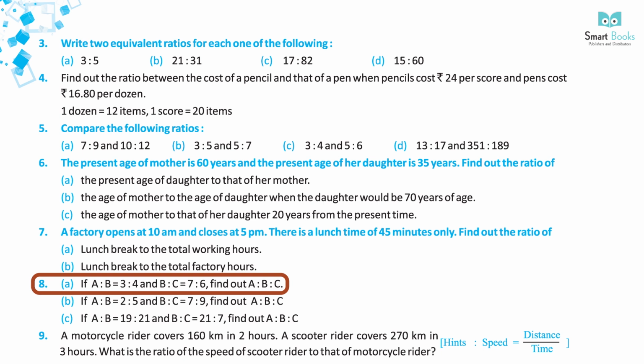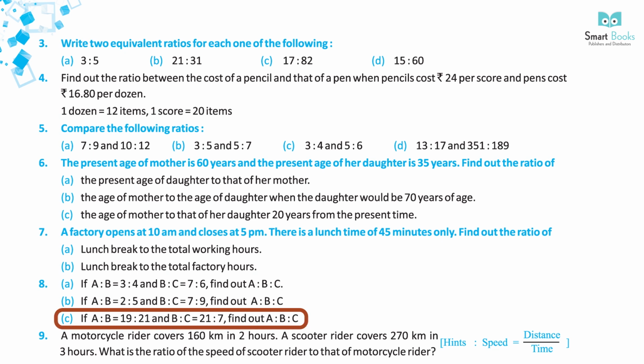Question 8. A. If A ratio B equals 3 ratio 4 and B ratio C equals 7 ratio 6, find out A ratio B ratio C. Solution: 21 ratio 28 ratio 24. B. If A ratio B equals 2 ratio 5 and B ratio C equals 7 ratio 9, find out A ratio B ratio C. Solution: 14 ratio 35 ratio 45.